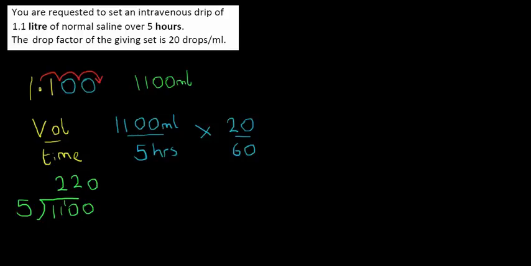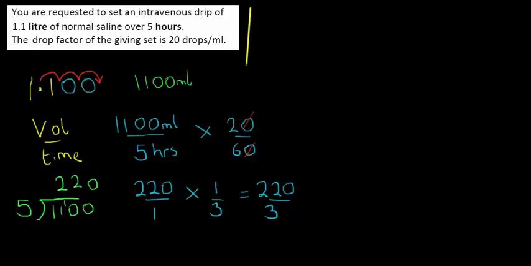So our simplified fraction becomes 220 over 1, because 5 went into 5 one time, and I can see that with that 20 over 60, I can cancel those zeros, that's the same as dividing by 10, and then I can just halve top and bottom, so it becomes 1 over 3. Now this calculation becomes easy. To multiply two fractions, it's always top times top, bottom times bottom, so that just becomes 220 over 3.